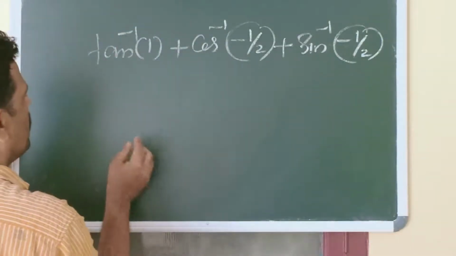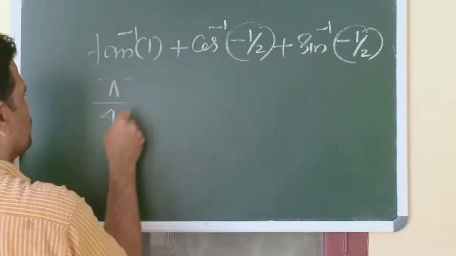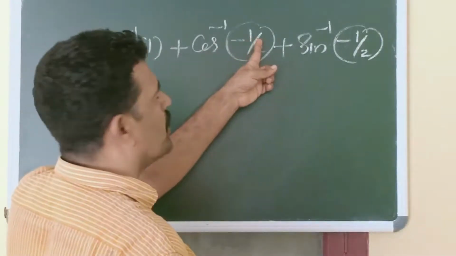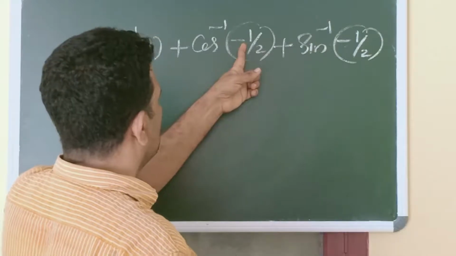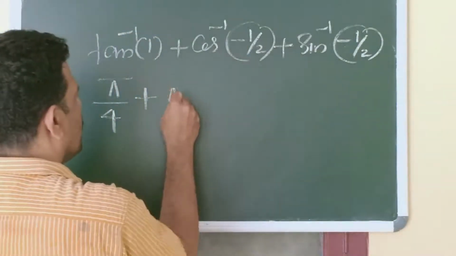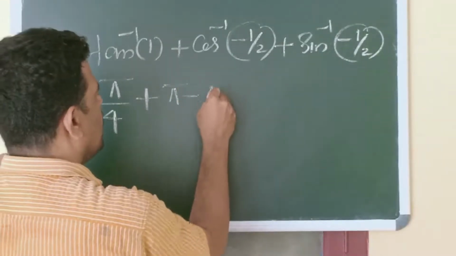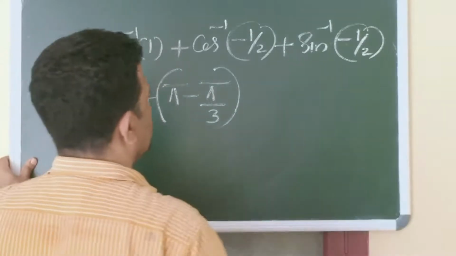By using the table, we can see that tan inverse of 1 is equal to pi by 4. Plus, here it is cos inverse of negative 1 by 2. By using property number 3, we can write it is pi minus cos inverse of 1 by 2, that is pi by 3. Therefore, the second one is pi minus pi by 3.